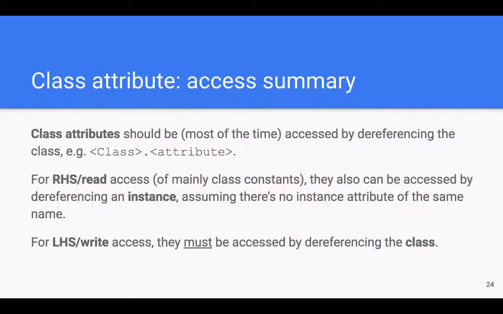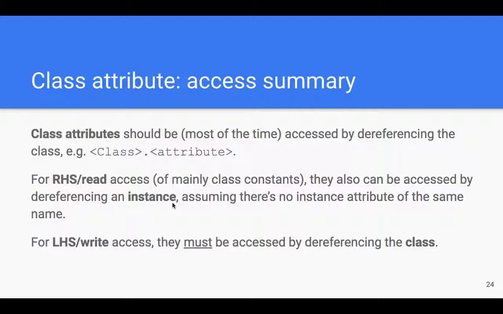All right, so here's a summary. Class attributes, most of the time, you should access by dereferencing the class: class.attribute. Now if we want to read it, there's another way to read it, as we see, and that is to access it by dereferencing an instance.